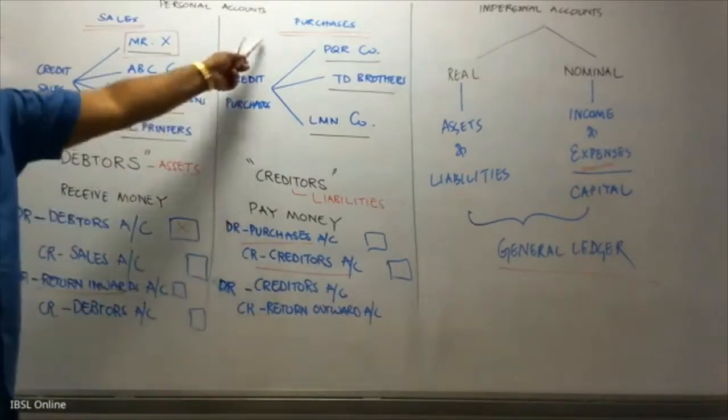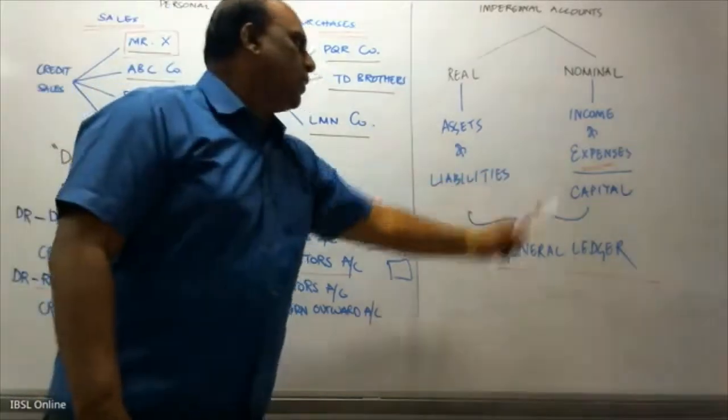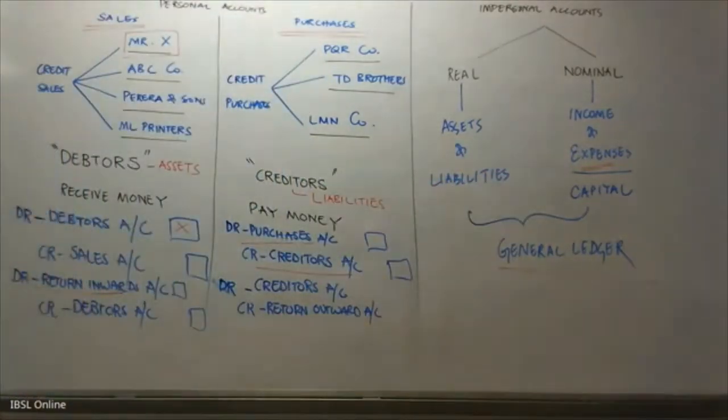So creditors is in the purchase ledger, return outward is in the general ledger. Okay, is that clear? You can take down. Any questions? If you have any questions, please clarify.